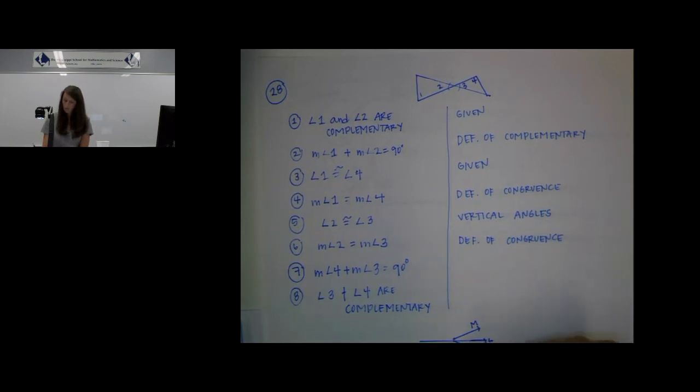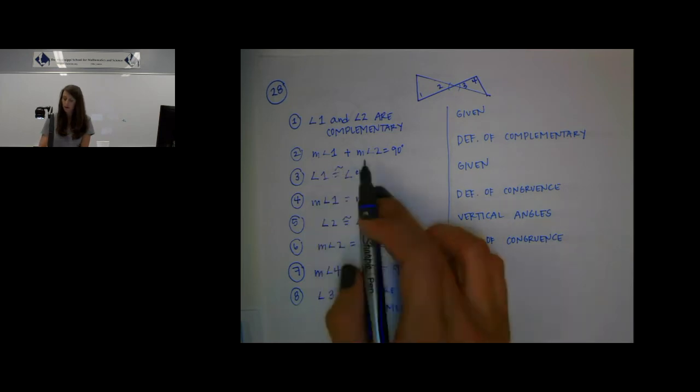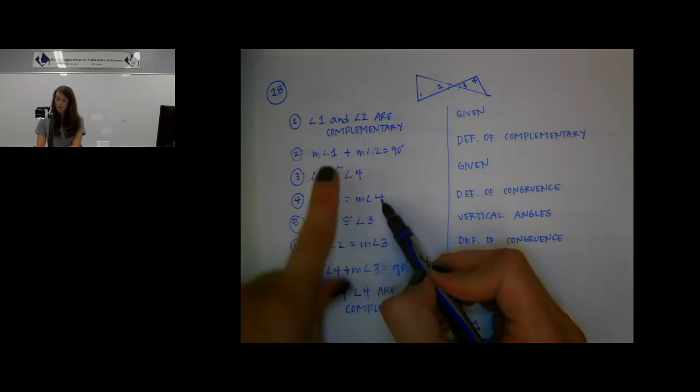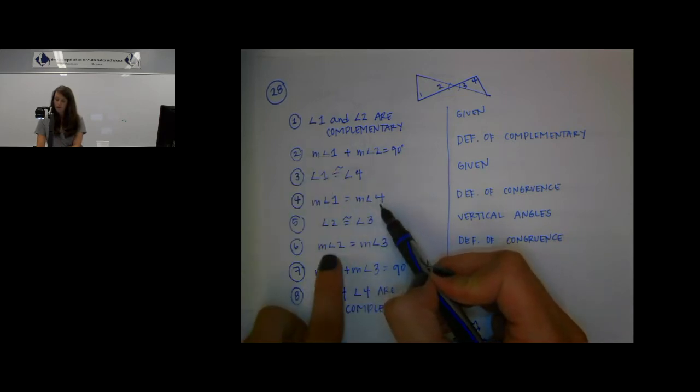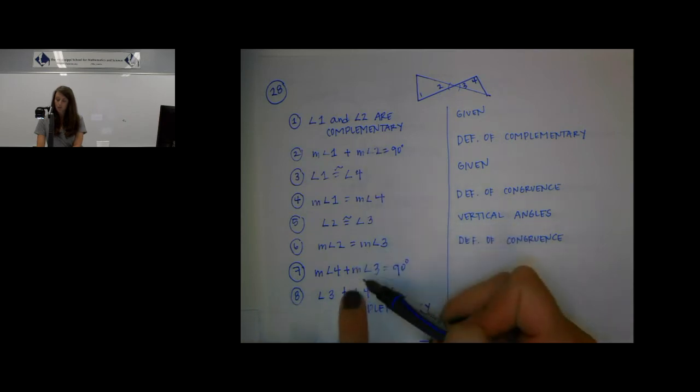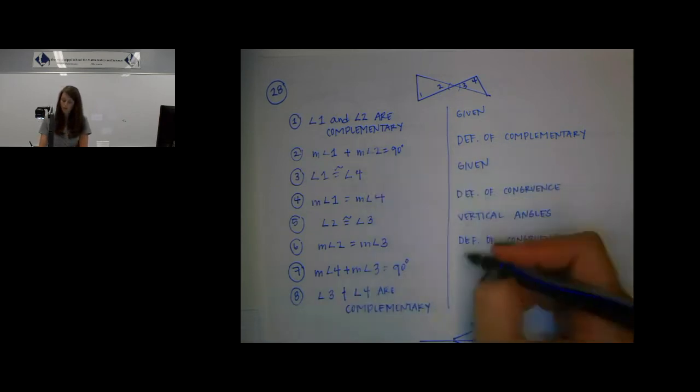Okay. Measure of angle 4 plus measure of angle 3 is going to be equal to 90 degrees. How can I say that right there? Is that measure of angle 1 is equal to measure of angle 4, and measure of angle 2 is equal to measure of angle 3. So what I'm doing is I'm substituting that in right there.